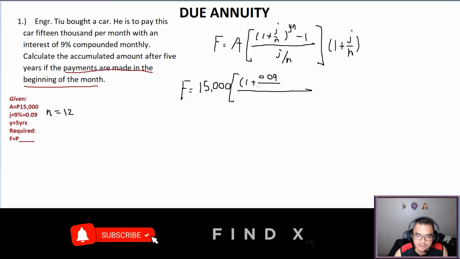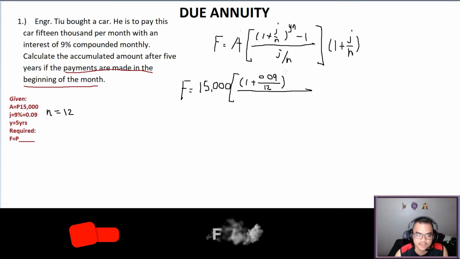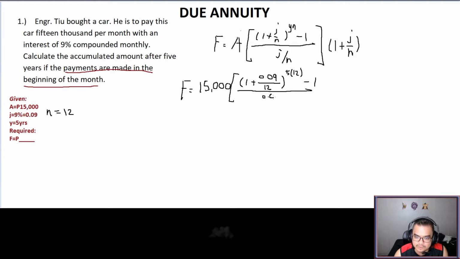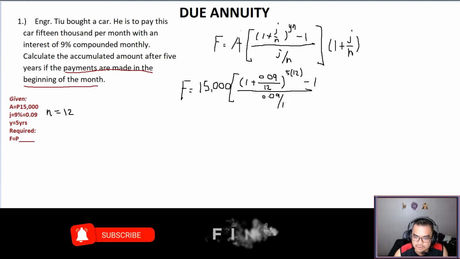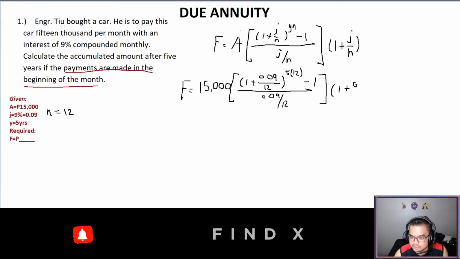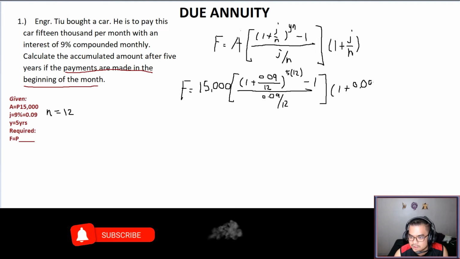This is 12 raised to yn, so that's 5 times 12, and minus 1. This must be all over j over n, so that's 0.09 all over 12. Don't forget the additional factor, since this is a due annuity, so this is 1 plus 0.09 over 12.